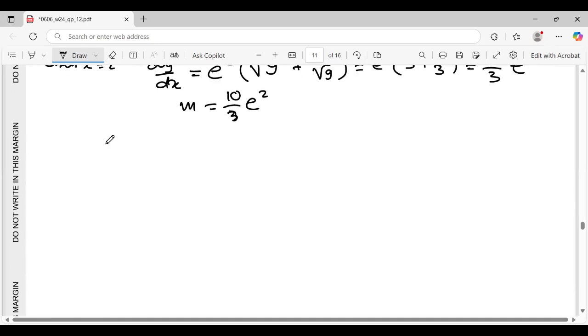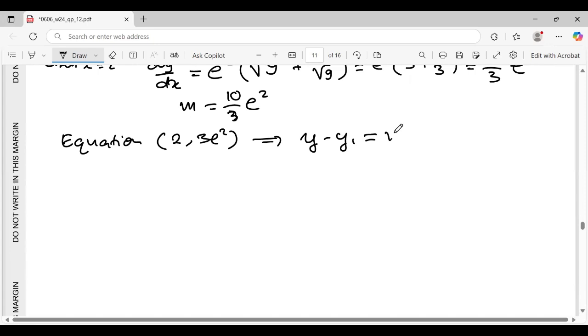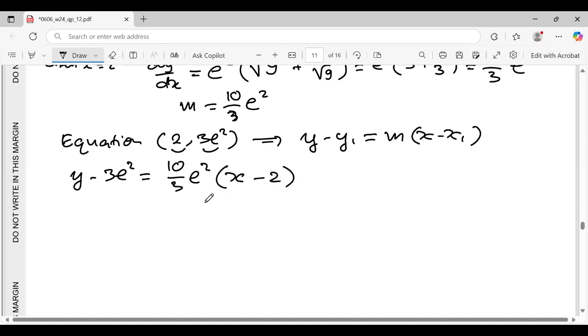And the next step, we're going to find the equation through (2, 3e squared) using this formula: y minus y1 equals m times (x minus x1). So this equation becomes y minus 3e squared equals 10 thirds e squared times (x minus 2).